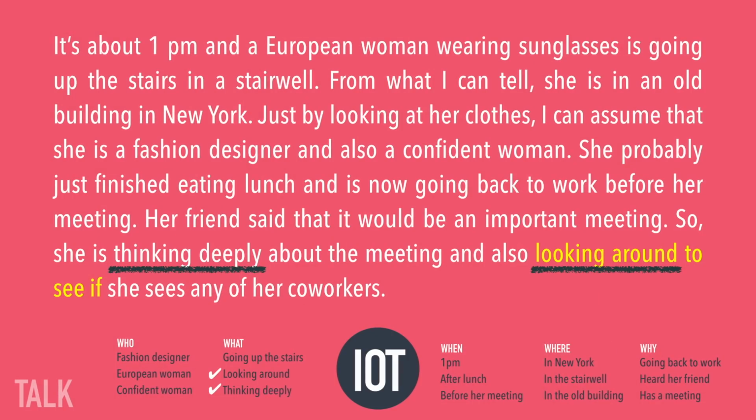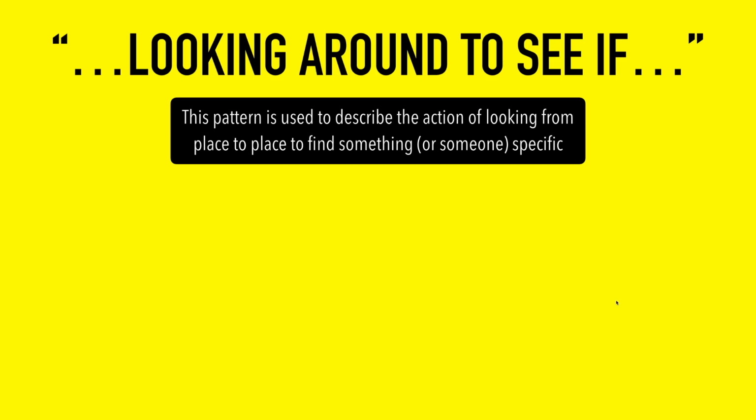We see another expression, okay? So here we go. Looking around to see if. Now, this is a pattern that is used to describe the action of looking from place to place to find something or someone specific. So again, if I was to show you visually, it's like this.